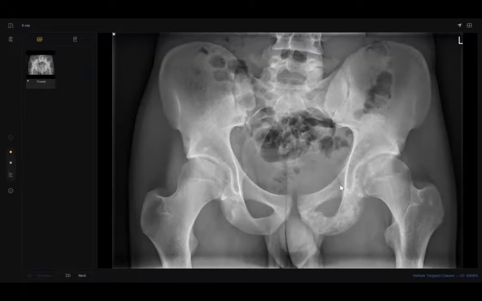It is displaced. Second point, this is permeative, but it looks like moth-eaten. What is moth-eaten? This is lytic and sclerotic, ill-defined, with a wide zone of transition.